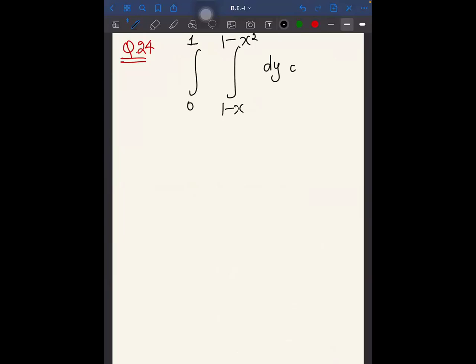So here we have f of x, y to be 1 only, right? We don't care about that. Most of the time in these questions, we are more interested in the limits rather than the function itself. So can you mark those limits? So this is y, this is again y, this is x, and this is also x.